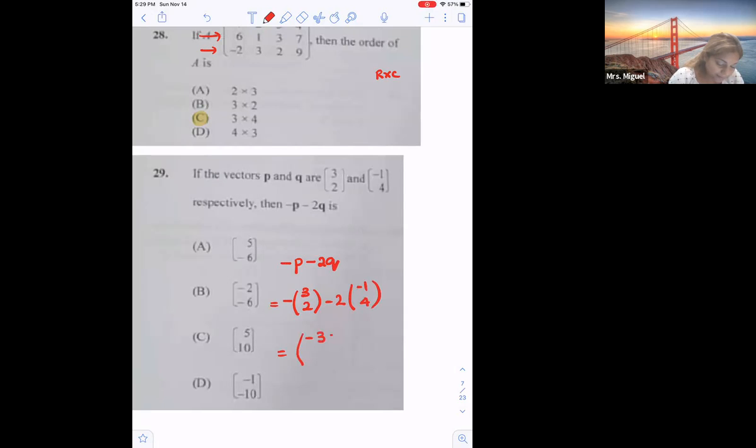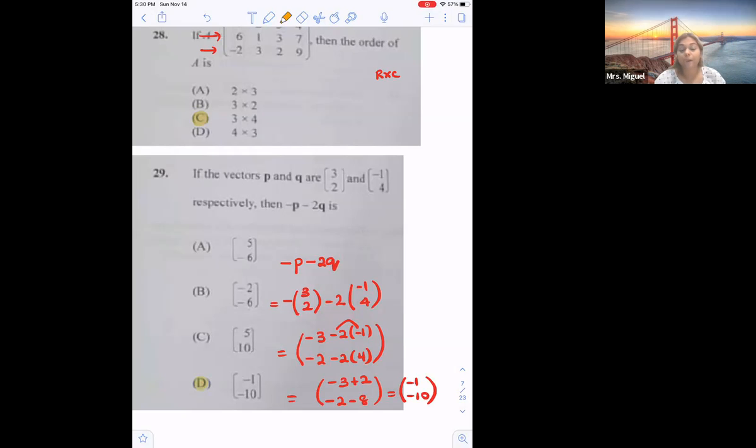Negative 3 minus 2 by negative 1 and negative 2 minus 2 by 4. This is going to merge and give me a plus. So negative 3 plus 2 and negative 2 minus 8. The answer, negative 1, negative 10.